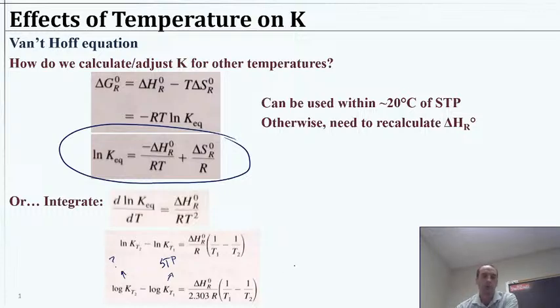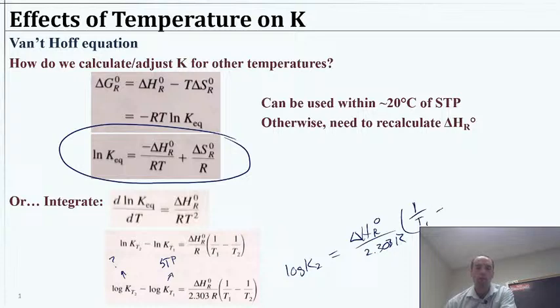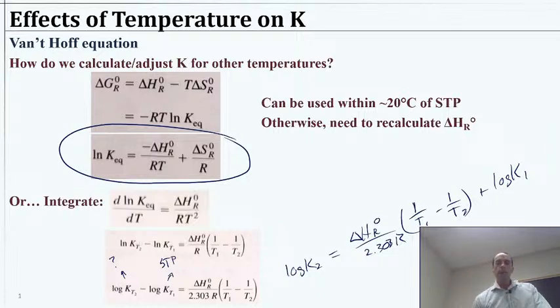We could rearrange this equation very easily to say log of K2, which is our unknown, is equal to delta H_R naught divided by 2.303 R, times 1 over T1 minus 1 over T2, all that plus log of K1. Is the subscript in delta H, the R, does that mean just for the reaction? Yeah, that subscript should mean the reaction.